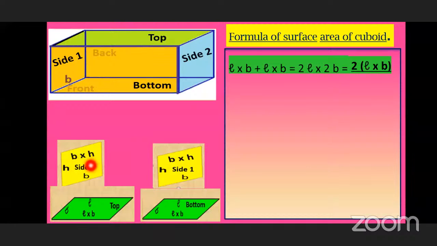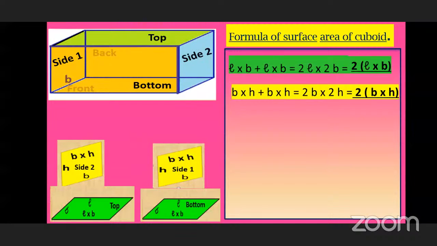As there are two sides, it will be breadth times height plus breadth times height, which equals 2 times breadth and 2 times height. We can also write it as 2 times breadth and height. So this was the area of the two side faces.